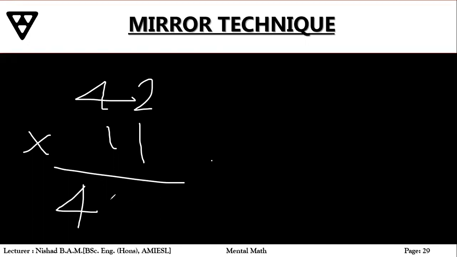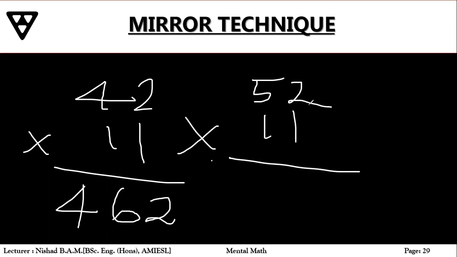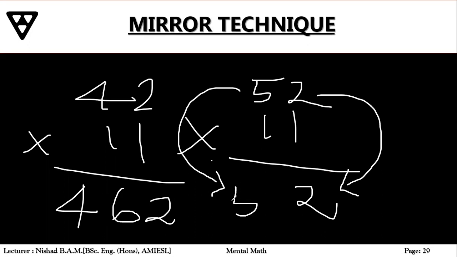400 and how much will it be? 462. Why? Because if we are going to multiply any number by 11, it's very simple. We have to write that 2 as it is, and this number will also come here.